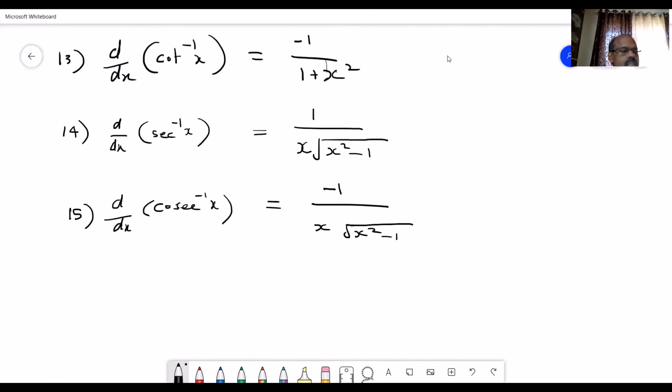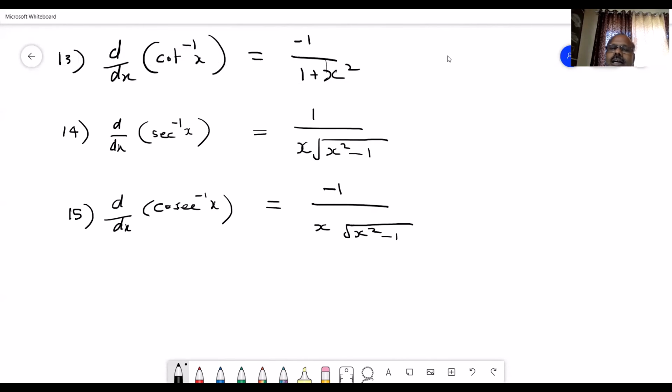Cos inverse x is minus 1 by square root of 1 minus x square. Tan inverse x is 1 by 1 plus x square. Cot inverse x is minus 1 by 1 plus x square. Sec inverse x is 1 by x into square root of x square minus 1. And cosecant inverse x is minus 1 divided by x into square root of x square minus 1.